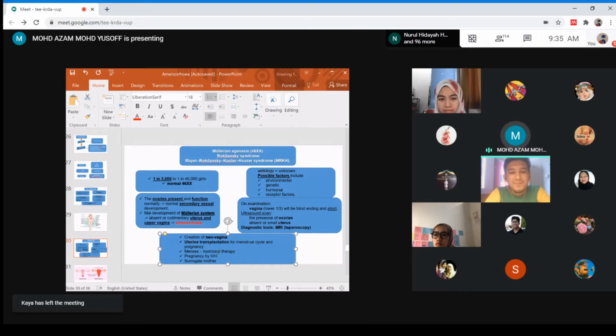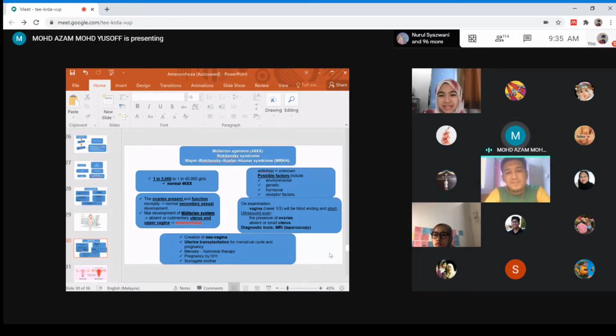Maybe in future we will have a uterine bank where we keep uteri so this type of patient can have a transplant. How to create menses depends on the issue, but because the ovary is normal, they should have no issue at all.